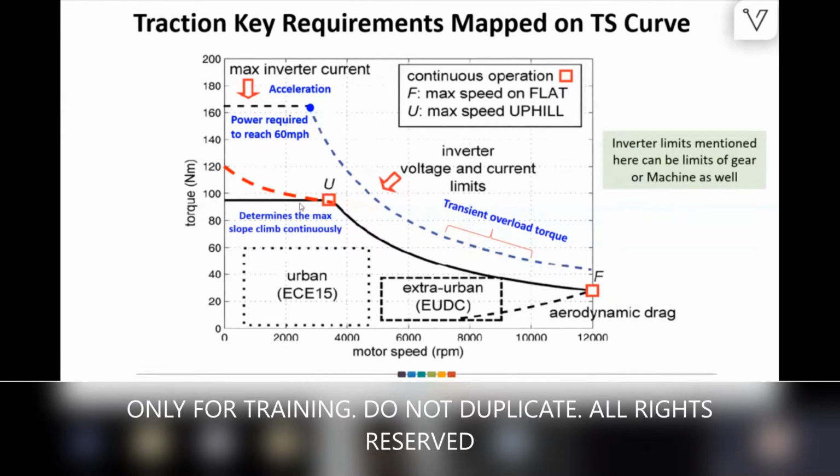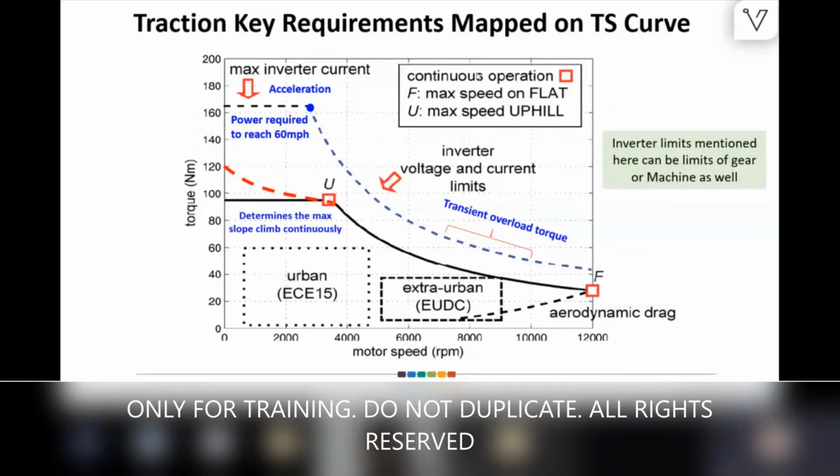In the continuous zone, we may have a little higher torque here, and then it starts dropping, and then it follows almost the peak curve. So we can adjust the curve as per our design. Majority of the shape of the curve will be the same, but we can push this up, or push this up here in this direction.